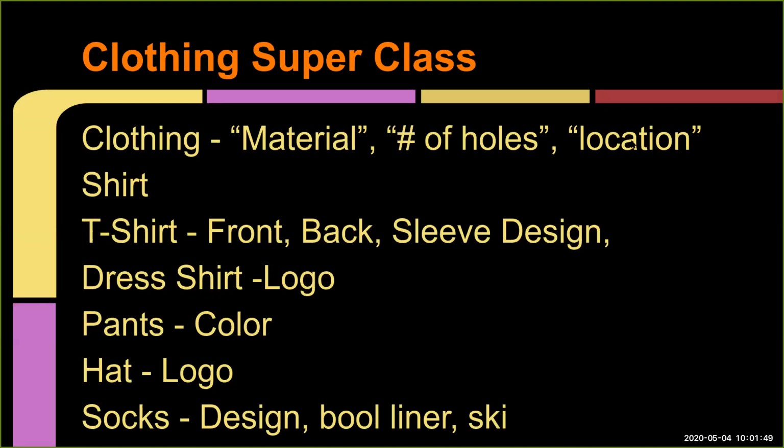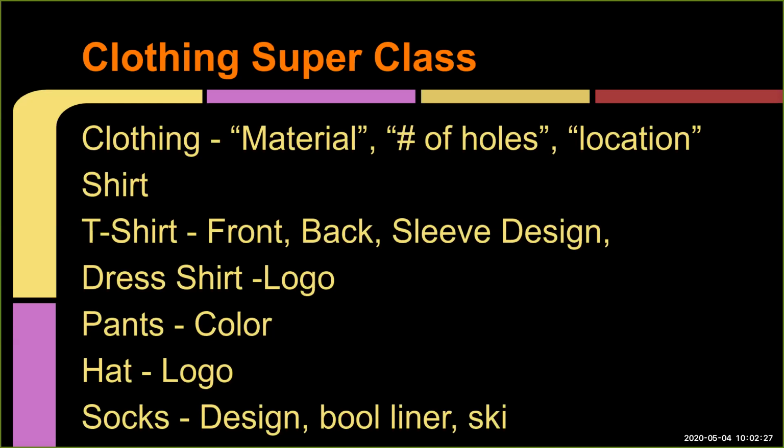And maybe this location is yet another class, some kind of enum, that has head, or top of head, face, neck, torso, waist, pants, whatever, or lower part, so that it has a location that could then be used, and in general this clothing is general enough that it can handle all of the different parts.